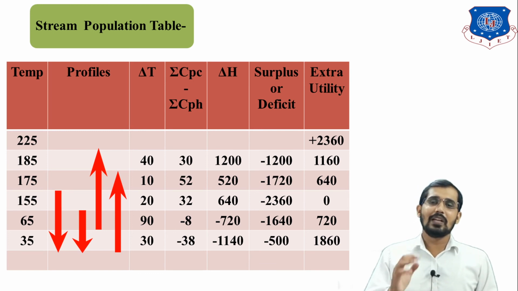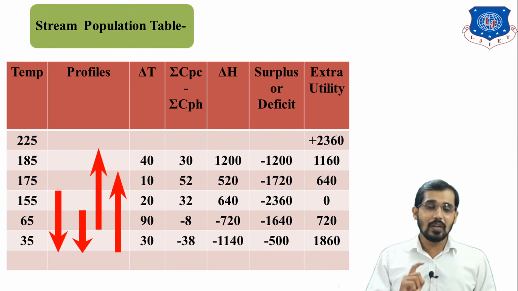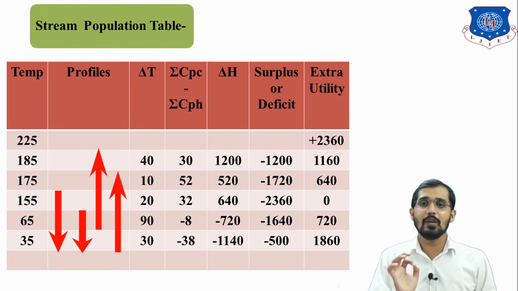After that we calculated surplus and deficit values, and after that we took the most negative value, means minimum heat, from the surplus and deficit column and wrote it in extra utility in this manner. After that, in a cumulative manner, we found the extra utility.